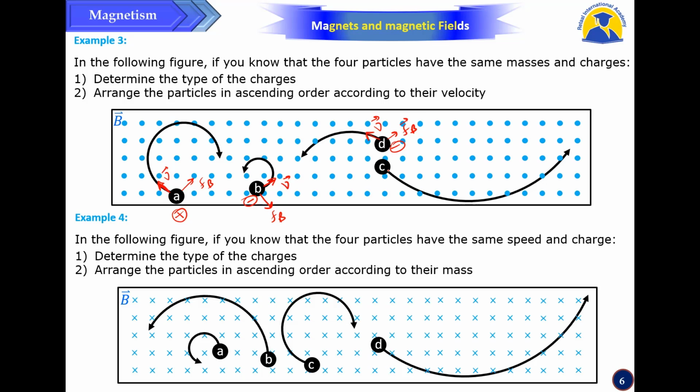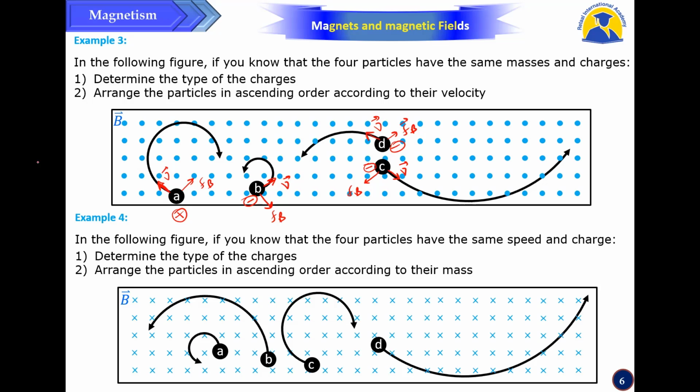For C particle, this is the direction of velocity, and the direction of magnetic field is positive Z. So the direction of force will be in this direction, which is opposite to the direction of movement. So this particle also has negative charge.